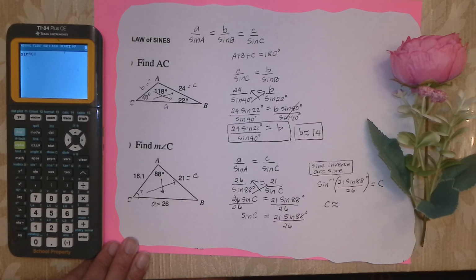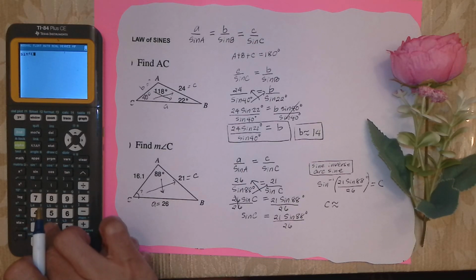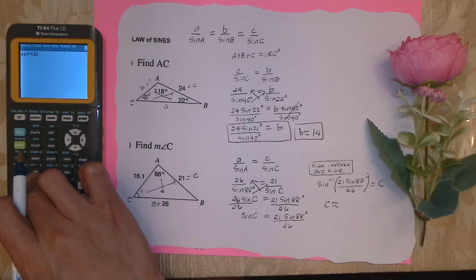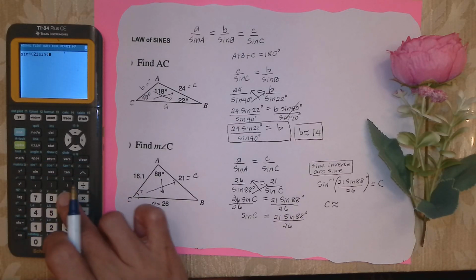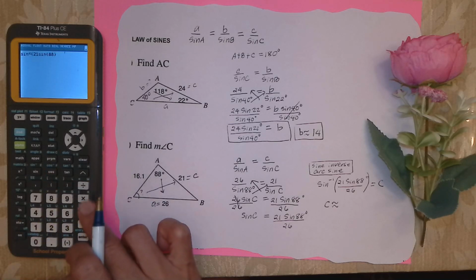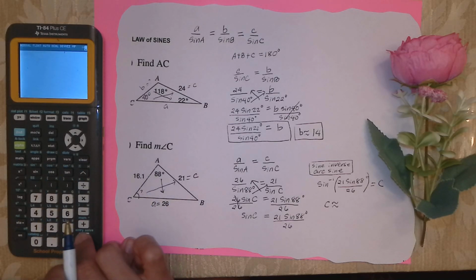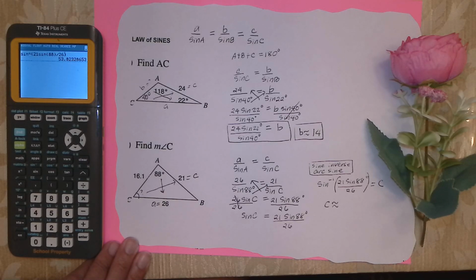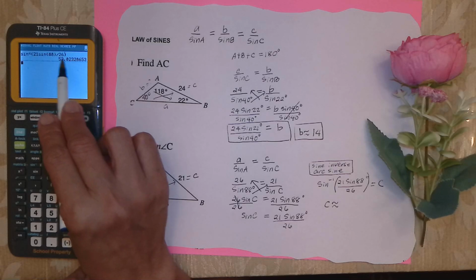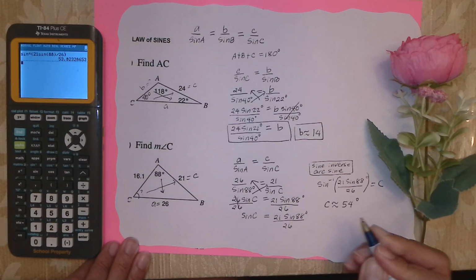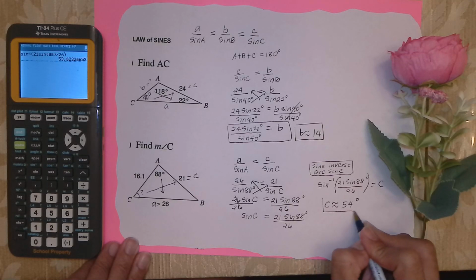Okay, so we have sine inverse of 21 sine of 88 and then divided by 26, close parentheses, enter. So we have 53.8, and rounding to the nearest whole number, we are going to round it to 54 degrees. So this is your approximated value.